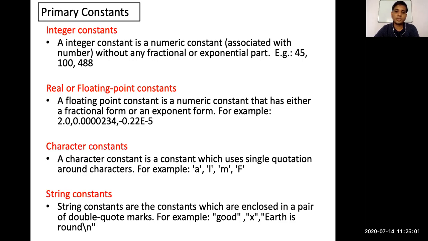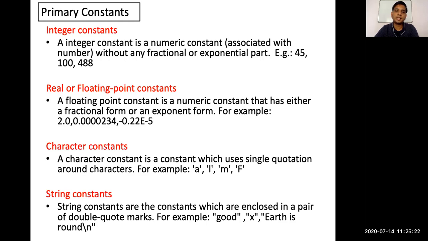Next one is string constant. Detecting a string constant versus a character constant is again very easy. In a character constant, we can have only a single character inside it, enclosed by single inverted commas. But strings can contain more than one character.